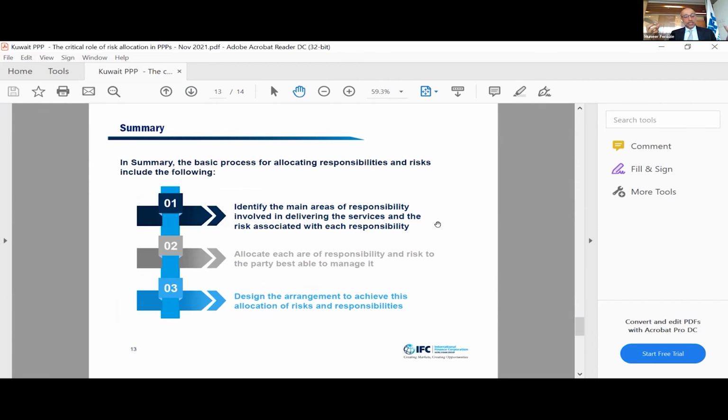So allocate the risk to the party best suited, which basically means the public sector risks go to the public sector. The risks that are more able to be mitigated by the private sector go to the private sector. The shared risks are allocated as such. And this way you make a win-win project. And this was indeed a win-win project.